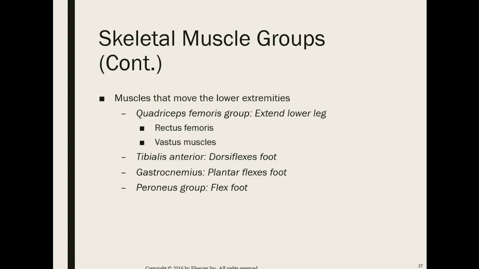And then the tibialis anterior is going to run along the tibia or the shin. The gastrocnemius is the calf muscle, and then the peroneus group is responsible for flexing the foot. That is located along the fibula.